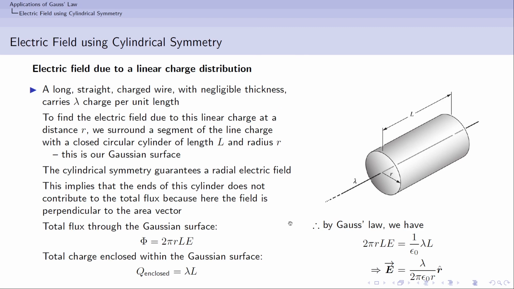There, if you apply the appropriate limits of integration, you will find that the electric field is the same, lambda by twice pi epsilon naught r. I suggest that you go and check. But just imagine how much effort we had to put in to find this result using Coulomb's law, and see how elegantly we have been able to find the same result in this case.